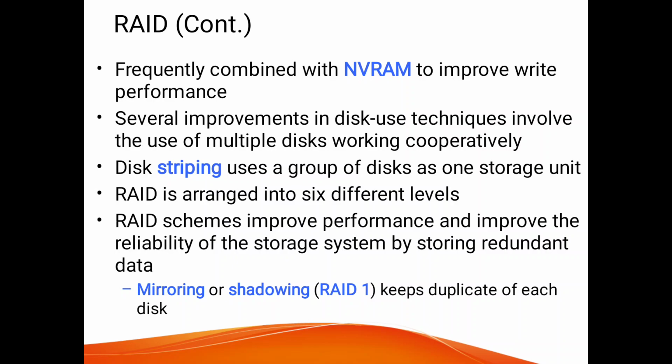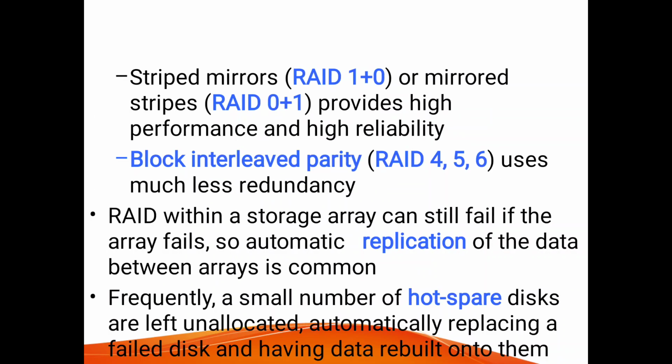Disk striping uses a group of disks as one storage unit. RAID is arranged into six different levels. These schemes improve the performance and the reliability of the storage system by storing redundant data. It also maintains parity checking.